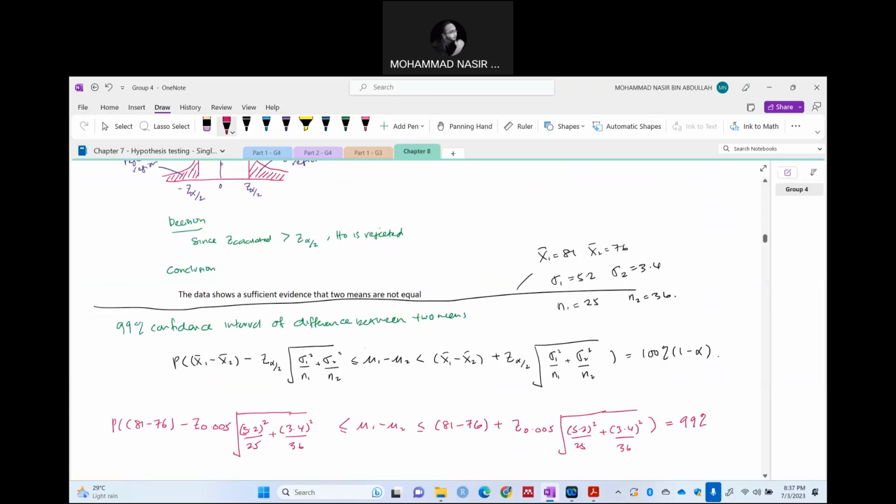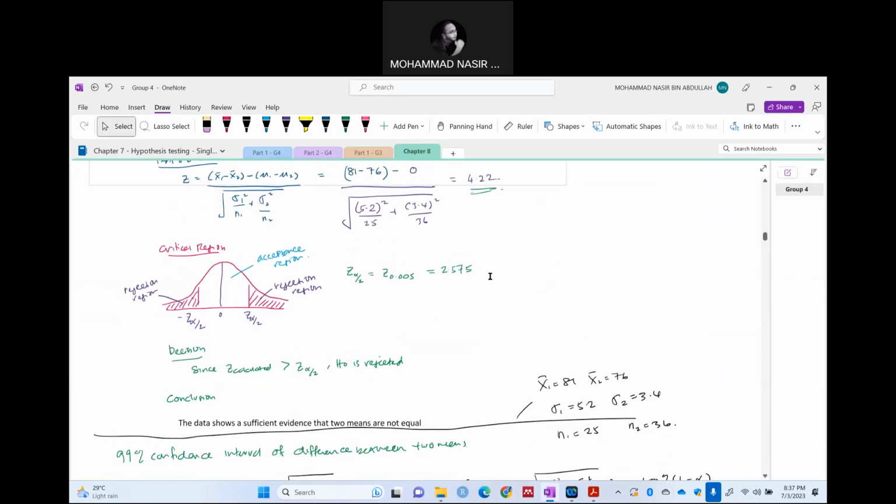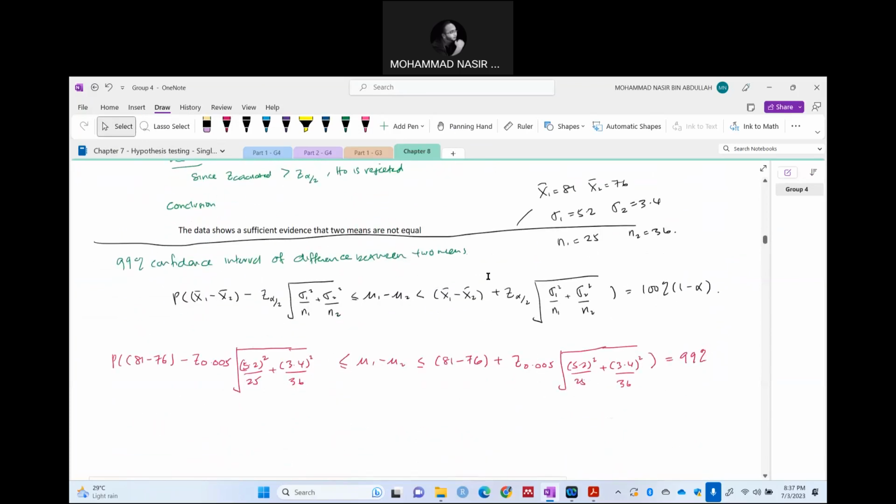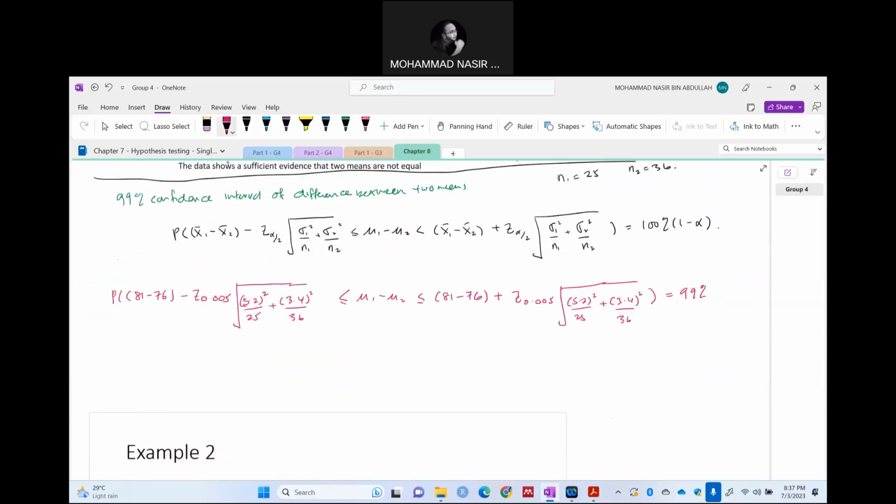Okay. So from previous, we know that Z 0.005 is equal to 2.575, right? So you calculate this value. So you will get the probability of 1.944 less than mu1 minus mu2 less than 8.055, equal to 99%. Okay.